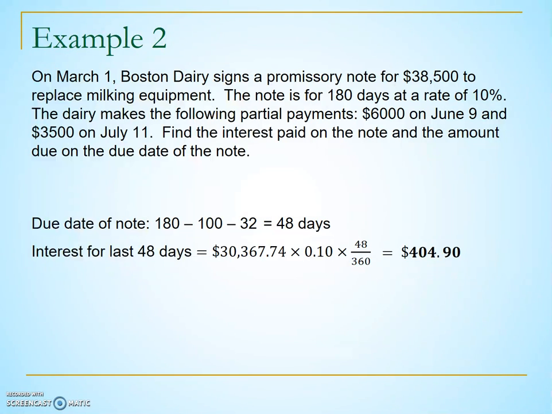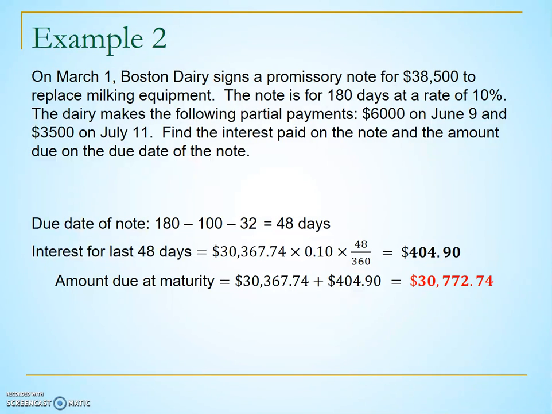This means that the amount due at the maturity is the sum of the remaining principal and the amount of interest owed, $30,367.84 plus $404.90. The result is $30,772.74 still due on this loan at the maturity date.